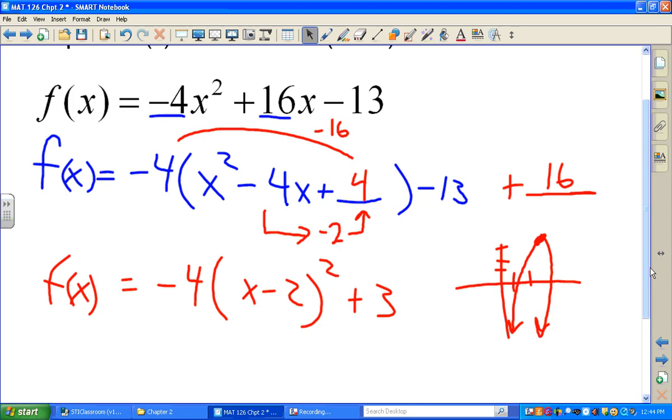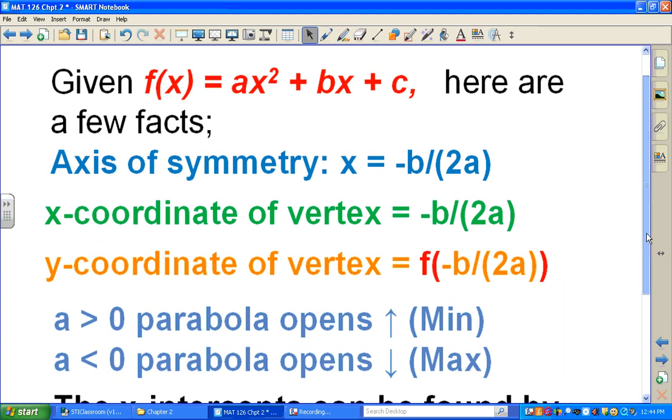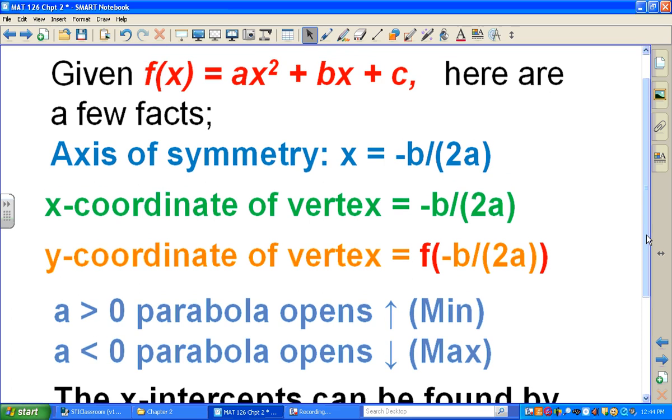All right. I like those questions, especially when the numbers work out nice. Any questions on that? Okay. What's this? Oh, these are what all the letters stand for. I don't know if you remember them or not. But the axis of symmetry, that's a vertical line. It cuts the parabola in half. It is the opposite of b over 2a.